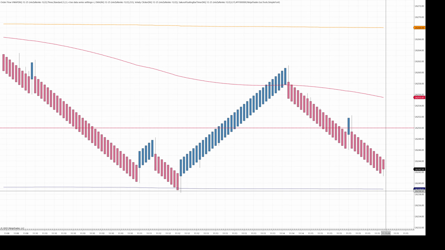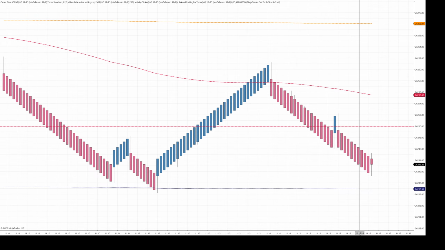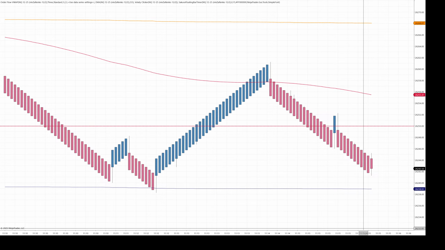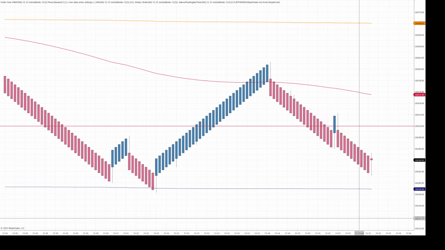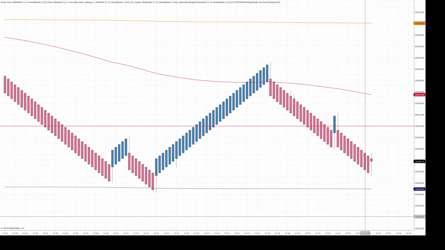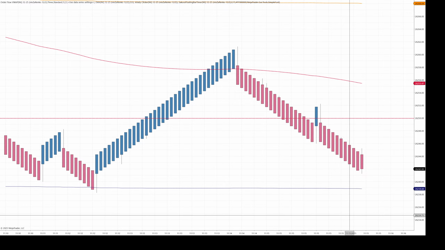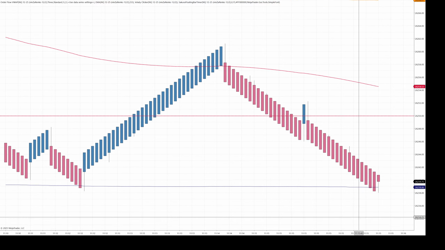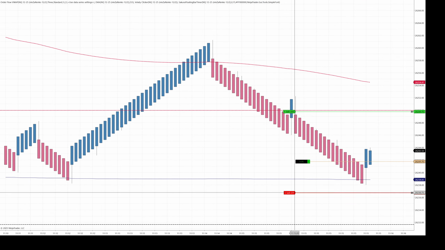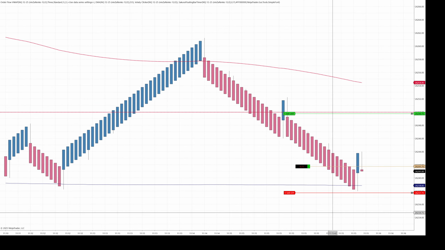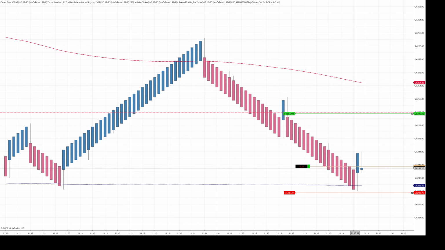Looks like we want to come back down to the standard deviation level here. Okay, we're in, bullish. We got that bounce.